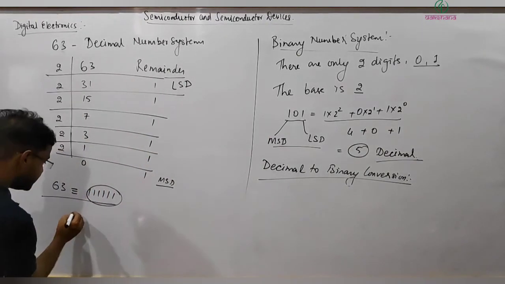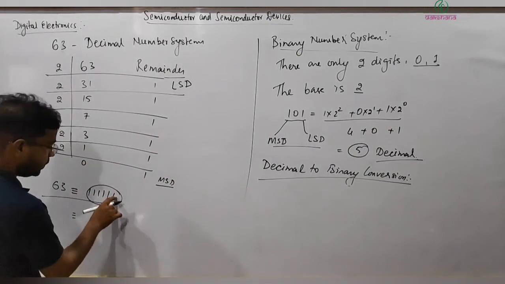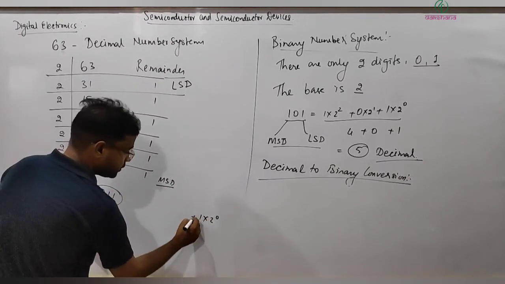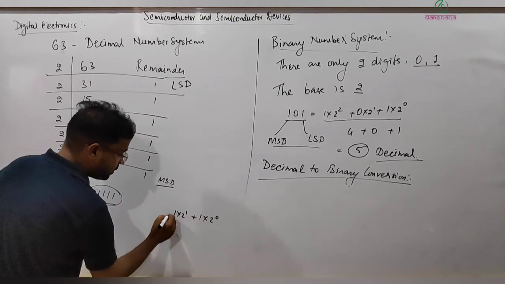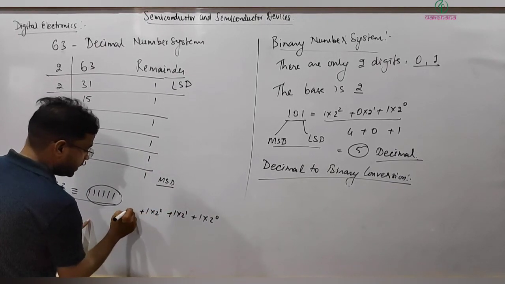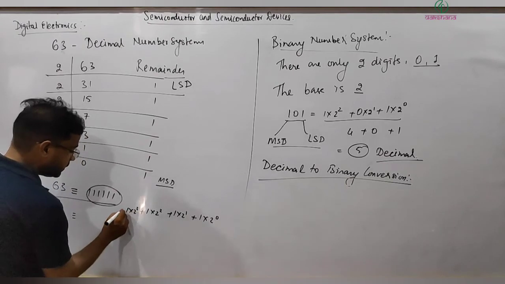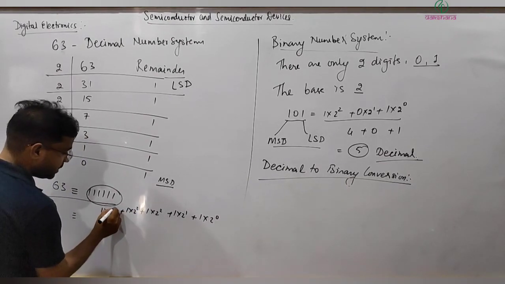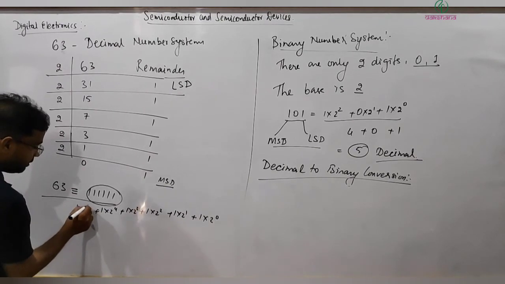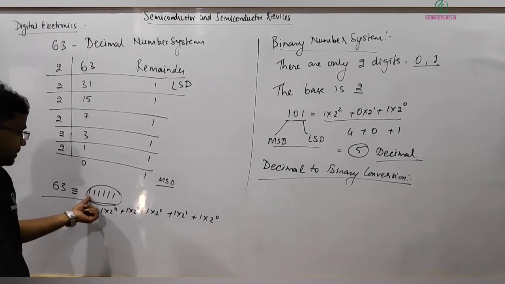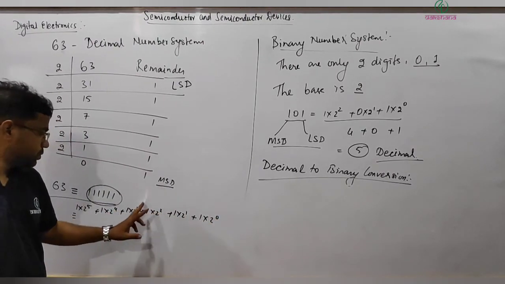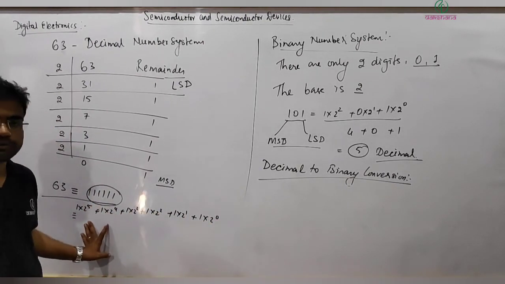So I will write 1 multiplied by 2 power 0. Next 1 multiplied by 2 power 1, 1 multiplied by 2 power 2, 1 multiplied by 2 power 3, 1 multiplied by 2 power 4, and plus 1 multiplied by 2 power 5. Because there are 6 ones, so the powers go 0, 1, 2, 3, 4, 5, up to 5.